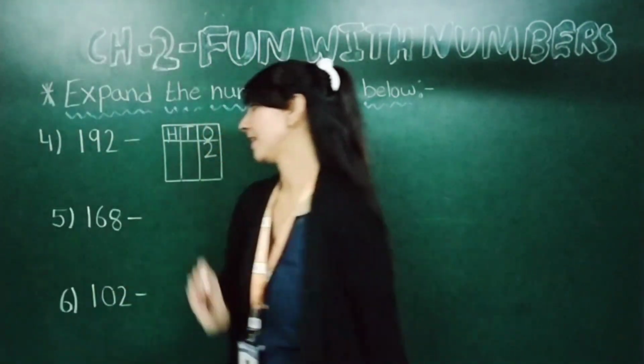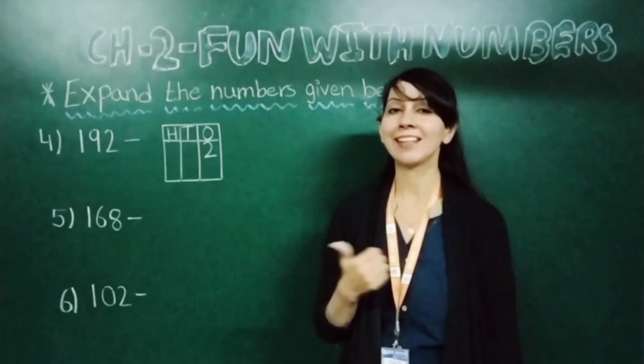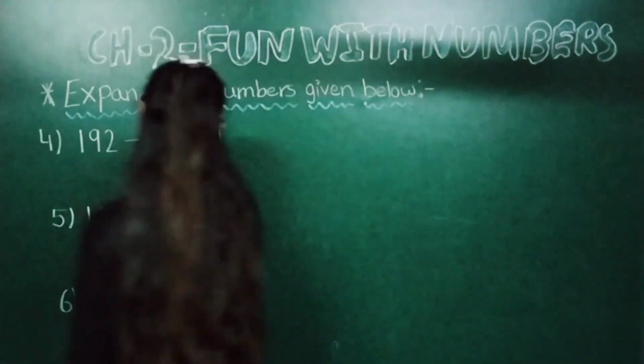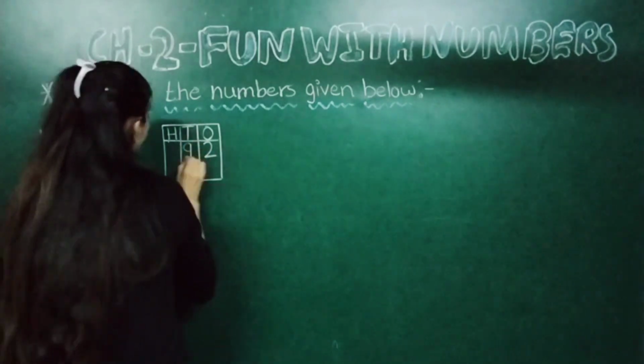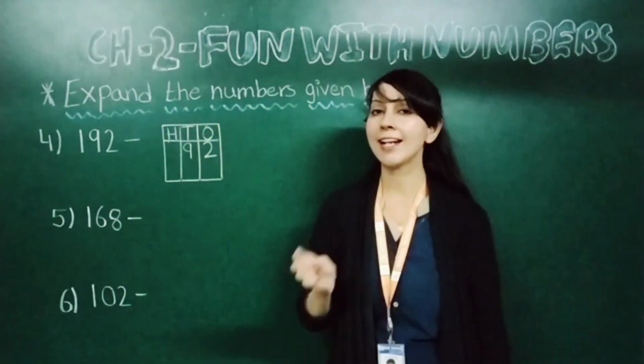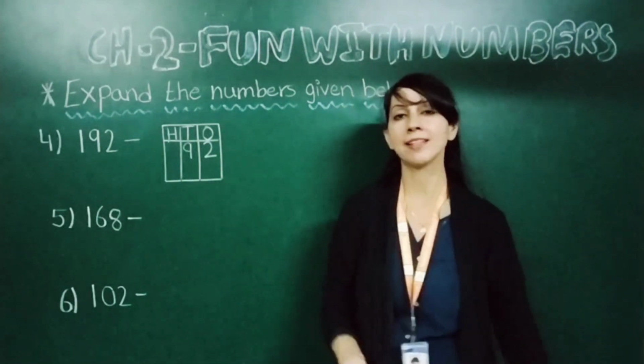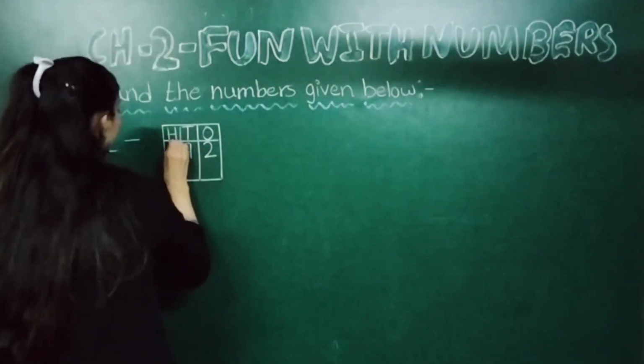Next number you can find is 9, that you will write in tens place. Now coming to 1, this will come in hundreds place, so here we will write 1.